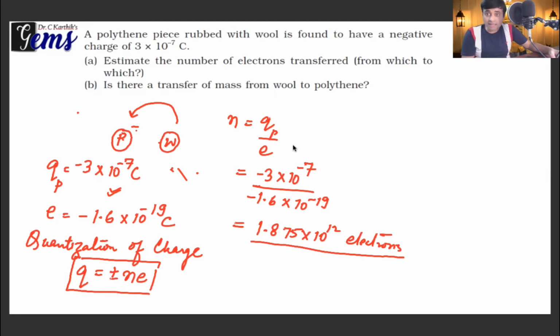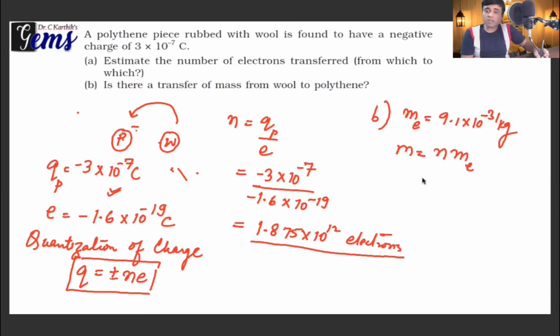So if we are asked how much mass is actually transferred, what can we say? I'm just doing B part here, as the mass of every electron is 9.1 into 10 raised to power minus 31 kg. So now if I ask you how much mass has been transferred in this question, the total mass will be nothing but the number of electrons transferred into the mass of one electron.